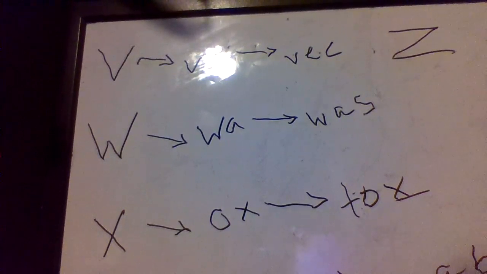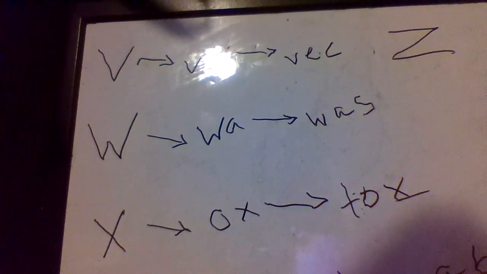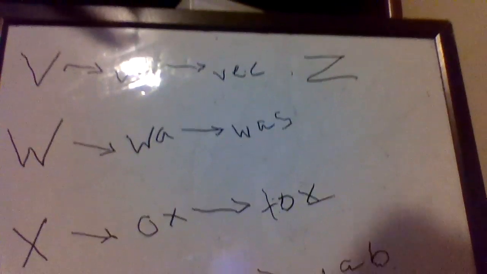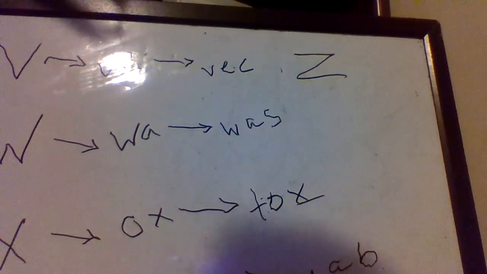So we're not really going to look at any words. Aside from that, I don't really have room on my board, but do know that the letter Z makes a Z sound. Z.